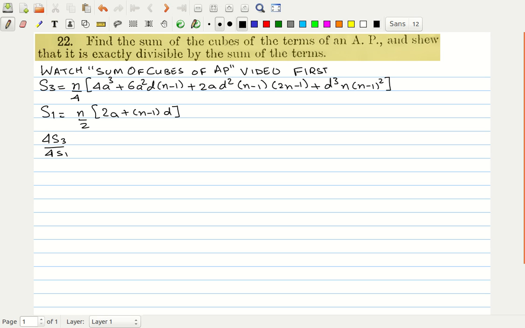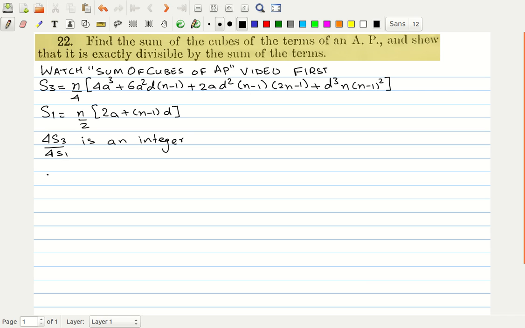The only reason we are multiplying by 4 is because we want to get rid of the fractions n by 4 and n by 2. Now if we can show that 4S3 by 4S1 is an integer, then we know that S3 is going to be divisible by S1.